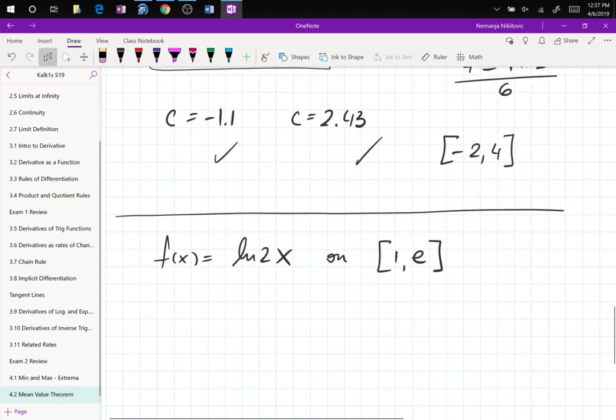Okay, so f prime of x, we know it's 2x, and then 2, which is 1 over x.